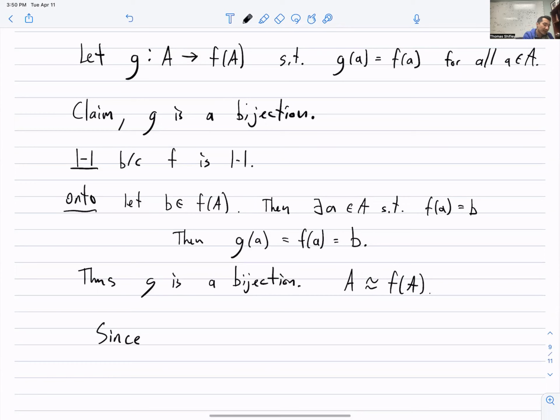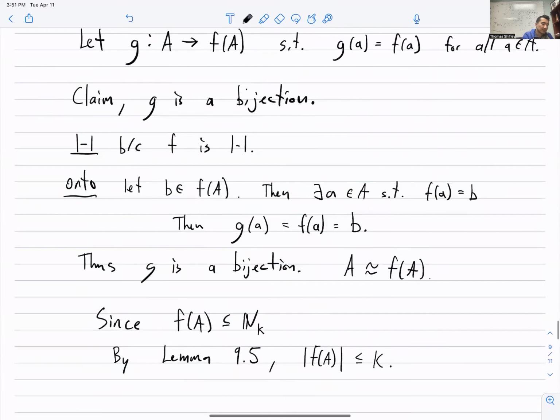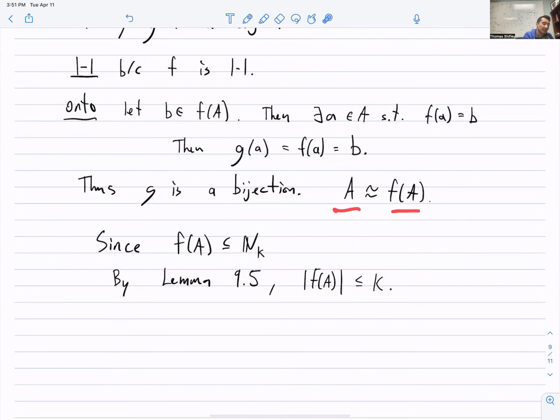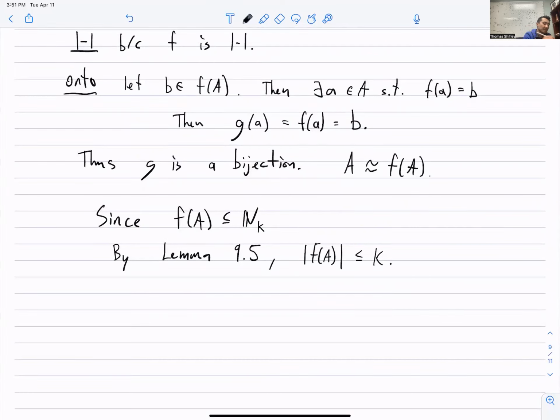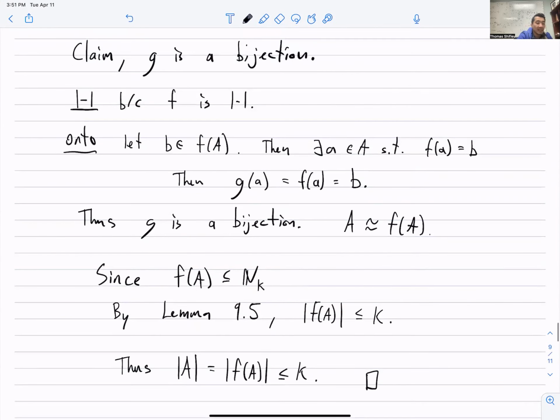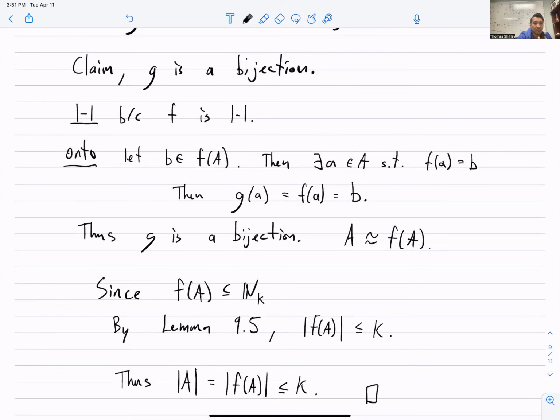Since F of A is a subset of N sub K, by lemma 9.5, I think, the cardinality of F of A has to be less than or equal to K. Because A is equivalent to F of A, the cardinality of A, which equals the cardinality of F of A, is less than or equal to K, and we're done. And so any subset of a set has to be the same size or smaller, and that's now on rigorous grounding.